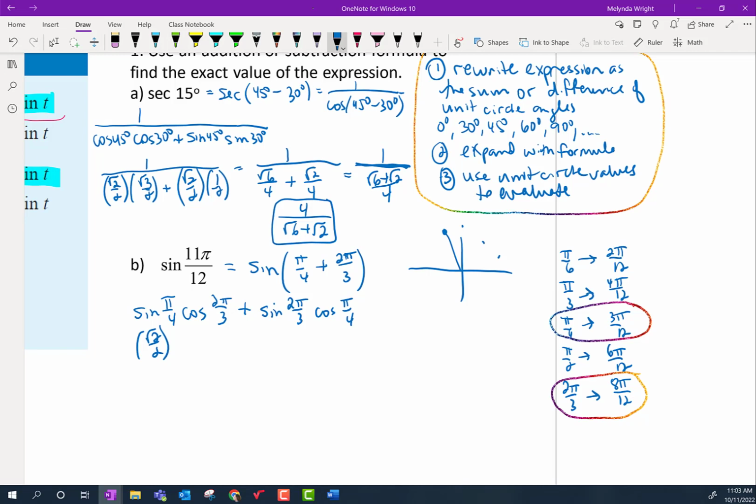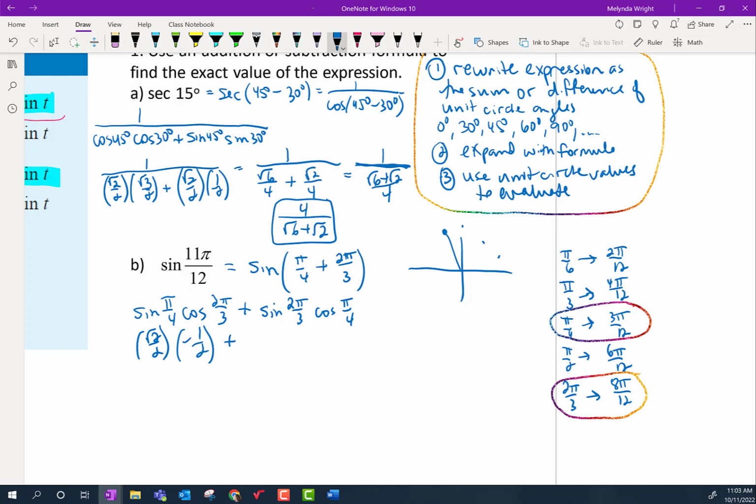It's taller along the y, so y is going to be bigger. Cosine is x, so that means cosine is going to be a half, but in the second quadrant, is x positive or negative? It's negative, right? In the second quadrant, x is negative, so this is going to be negative 1/2.